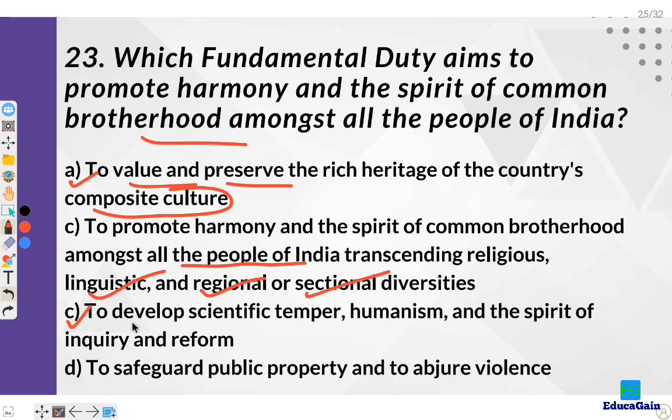C saying to develop scientific temper, humanism and the spirit of inquiry and reform. D saying to safeguard public property and to abjure violence. The correct answer is C.